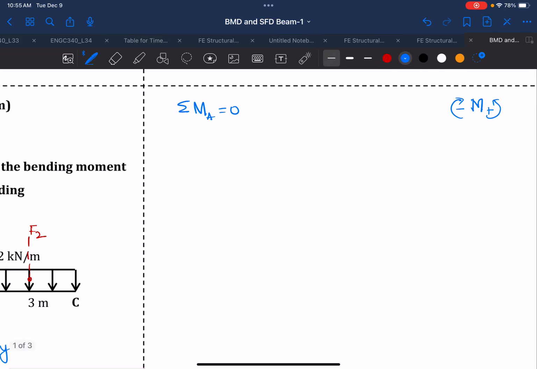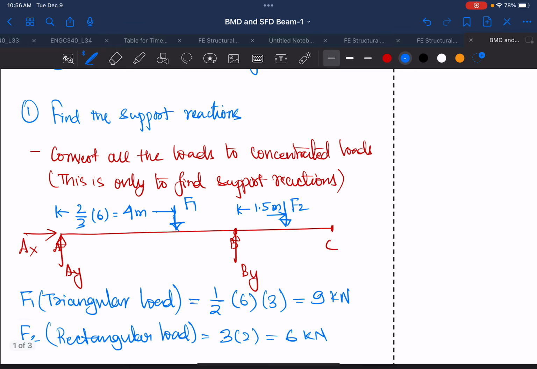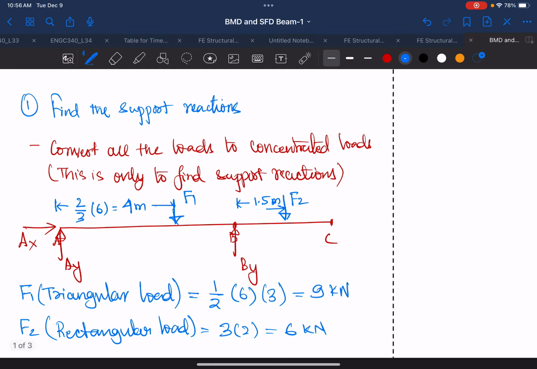So in this case, you'll have moment about A: we have By times 6, and that will be counterclockwise, positive. And then we have F1 times 4 feet, and that is clockwise. And then we have F2 times, and for F2 we know that this is 1.5.